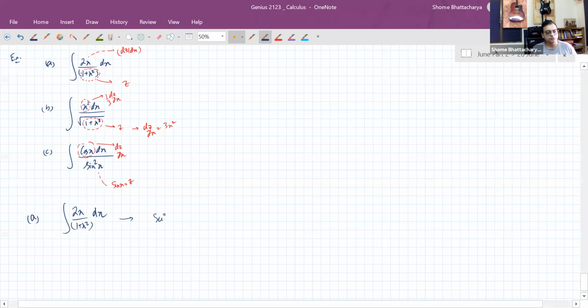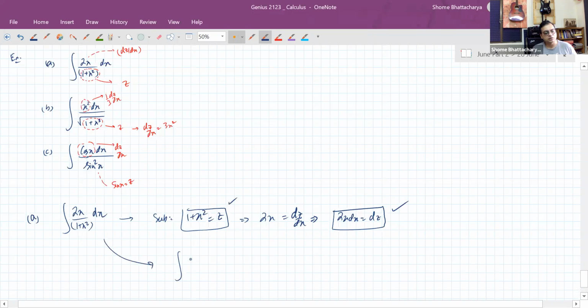So substitute 1 plus x square as z. So 2x becomes dz by dx. That means 2x dx can be substituted as dz. This is one substitution you do, and this is the other substitution you do. So your integration becomes dz by z, which is ln z plus c.